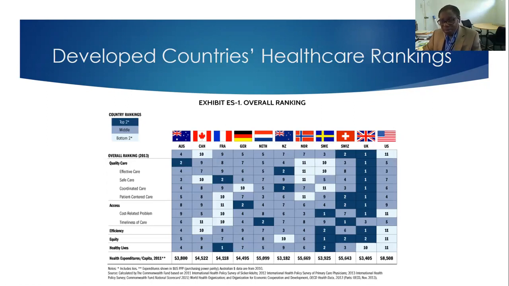Compared to other developed countries, the US does not rank in the top tier of any of the outcomes listed, and we come out dead last in efficiency, equity, healthy lives, and overall rankings. What this means is that we are spending a lot of money and getting poor results.